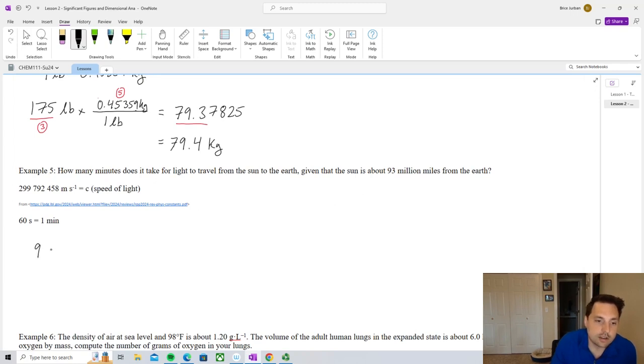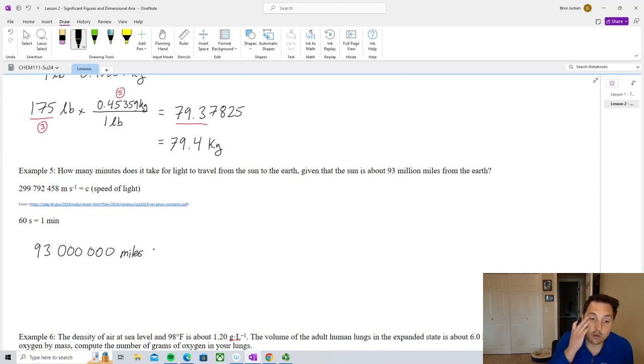Okay, so we'll have 93 million miles. So million here is referring to times 10 to the 6th power. So I could write this as 93 million, like this. And then that's million miles.